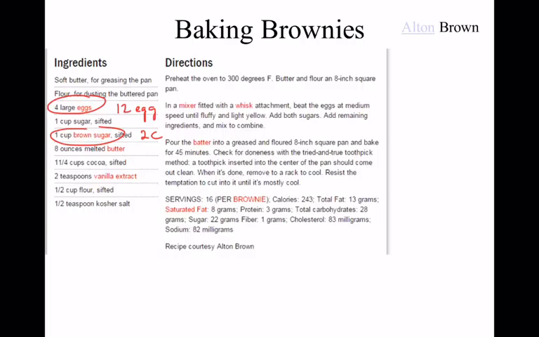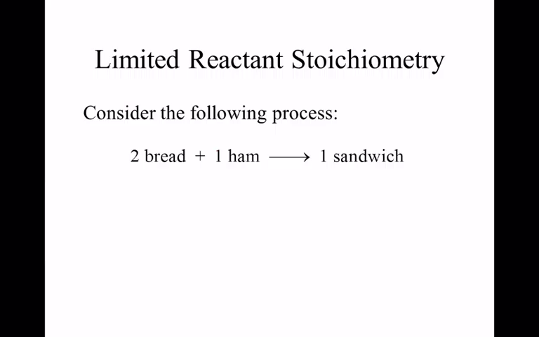So I could make 3 batches with my eggs, but how many batches could I make with my brown sugar? Only 2. So not looking at all the other ones, but in this case, can you see where my brown sugar is in limited supply? It's the limited reactant. And it drives how many batches I can make. So that's all it is.